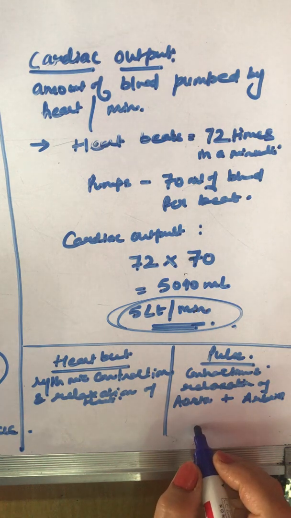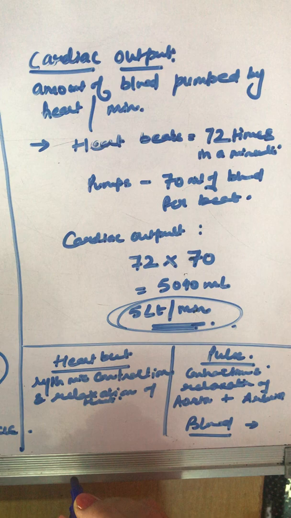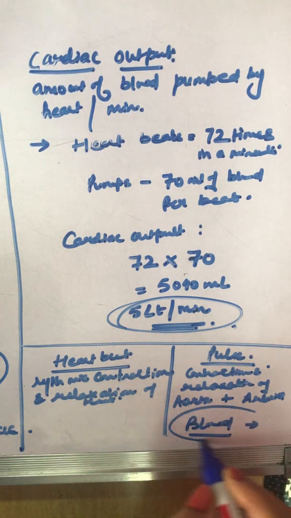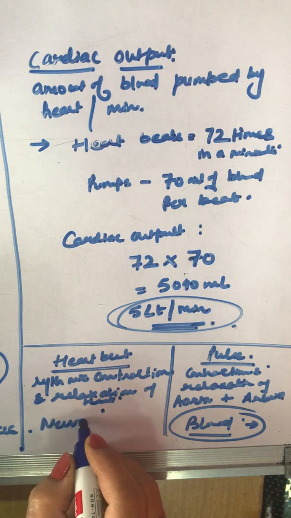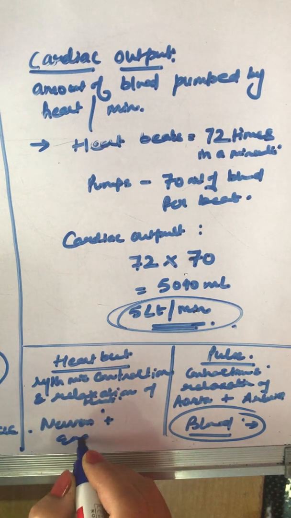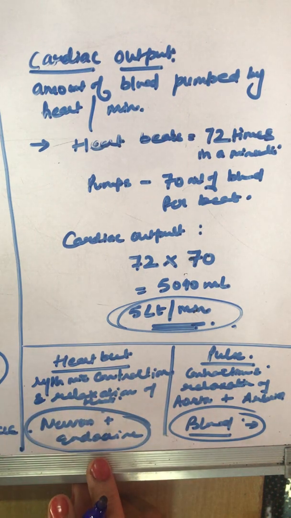This is entirely due to the flow of blood from the heart and is dependent on the rate of heartbeat. It is regulated by the nervous as well as the endocrine system. That means our hormonal control. We say, your heartbeat is going very fast.